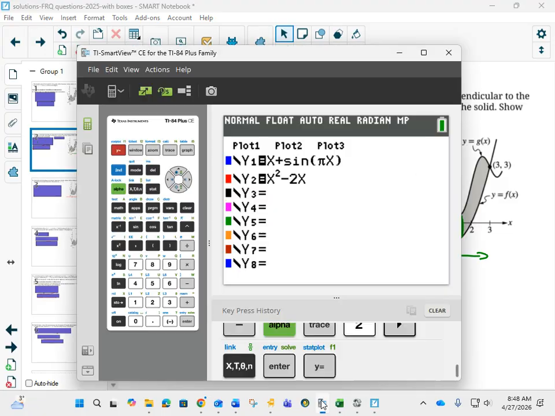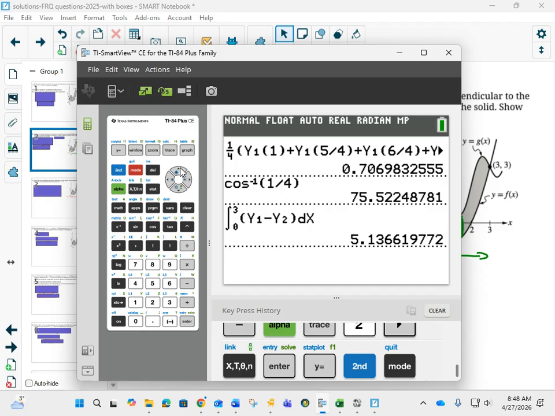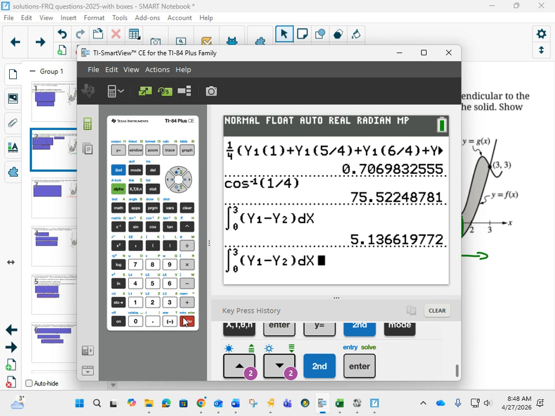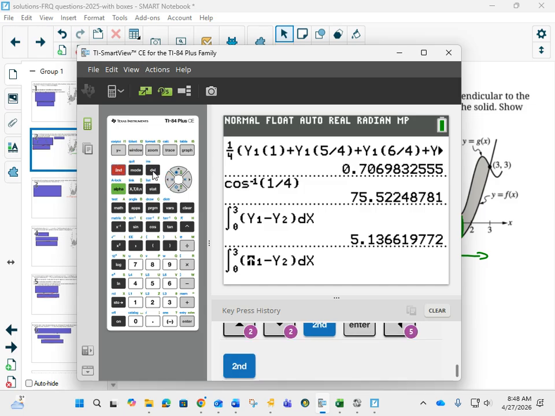So in your calculator, in newer versions, you can use the arrow keys and highlight it. If you don't have the newer version, you can go second, enter, and it goes through everything that you've typed. So what do I need to do here? I need to insert; above your delete button is an insert button. I can insert a bracket and put another bracket there, and then put another x.